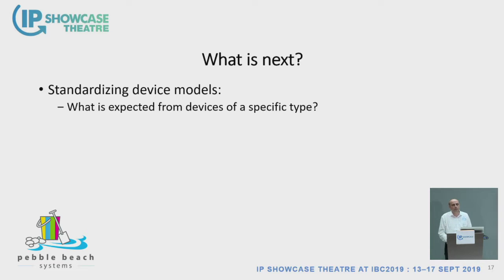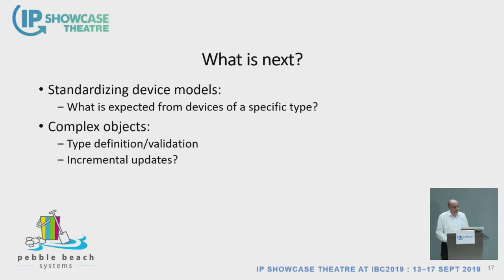So we hope that based on the experience of this project and other projects, we will be able to start building best practices or recommendations as to what needs to be included in each type of device to ensure interoperability, to avoid situations where one vendor calls it a bit rate and another one calls it the data rate, and then they cannot talk, or one sends megabits, the other expects gigabytes or whatever.